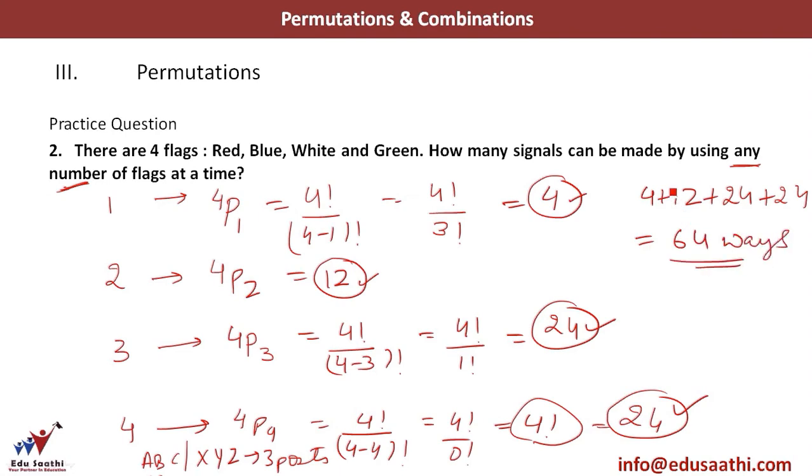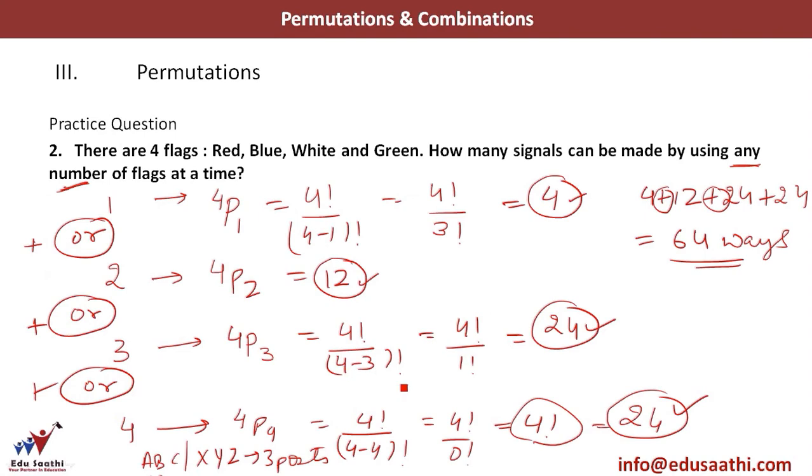Why did we add these different ways? Because this condition is of or. Either I will use one flag, or 2 flags, or 3 flags, or 4 flags. So whenever there is an or, we have a plus sign. So that is why we added the different number of ways. I hope this is clear. So we move on to the next question.